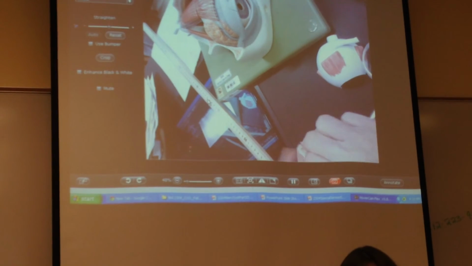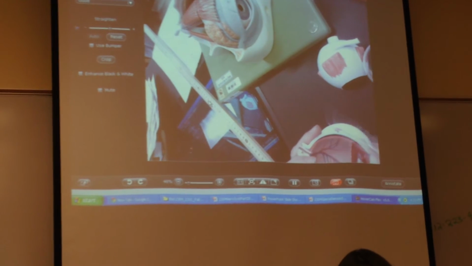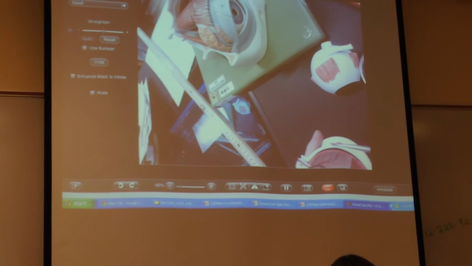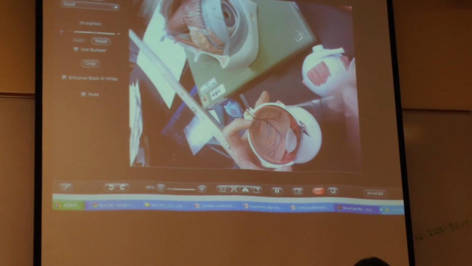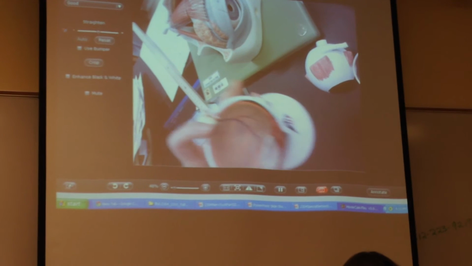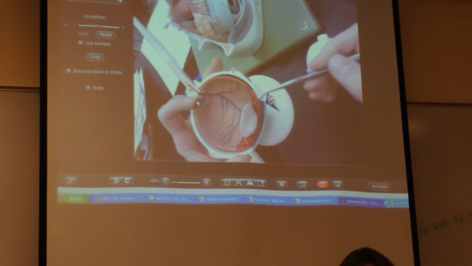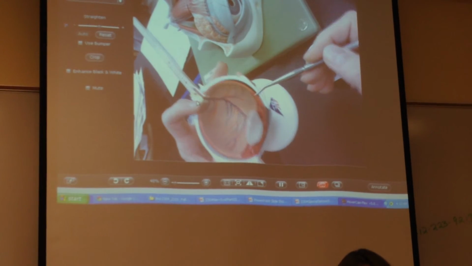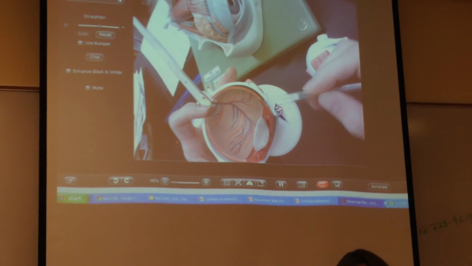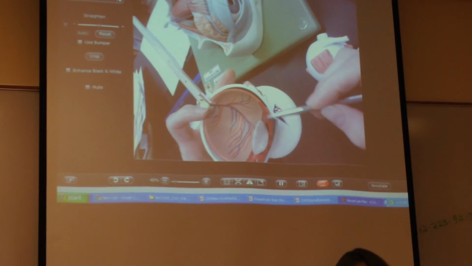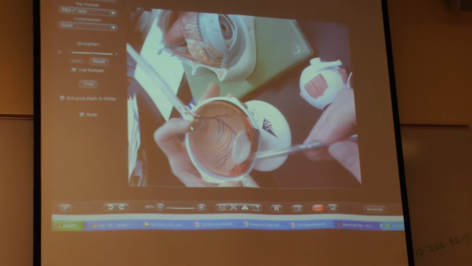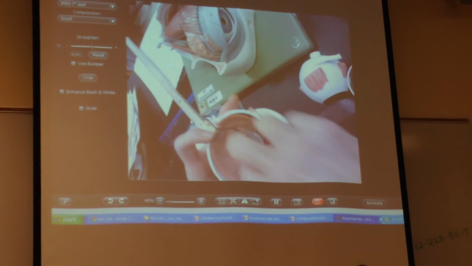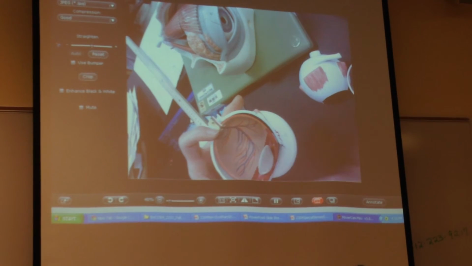And then if I take this off right here, we can see from a side view, this is the sclera of the eye in white. Let's put that a little bit closer. This is the sclera of the eye right here. This right here represents the ciliary body. This represents the lens of the eye.